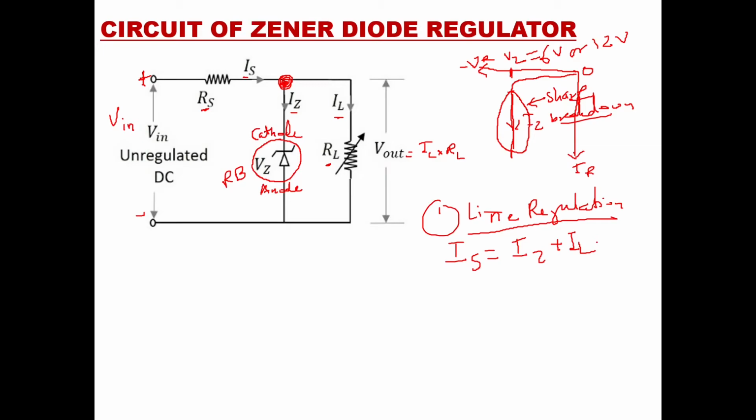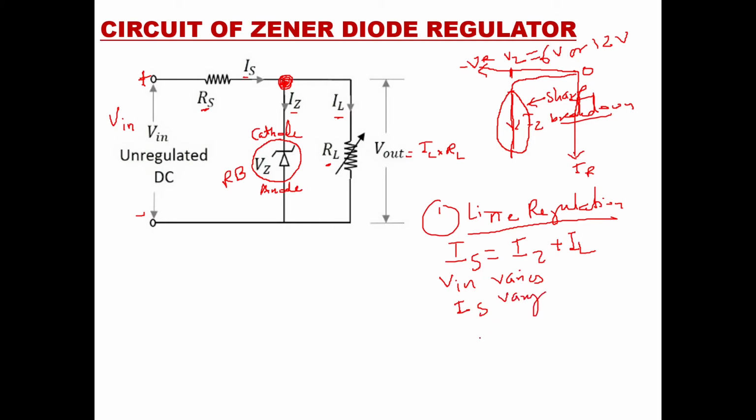And the second condition, in the definition of line regulation, is that your input voltage is going to vary, whereas your output voltage is going to remain constant. Okay. Now, if the input voltage V in varies, that means the source current IS will vary.